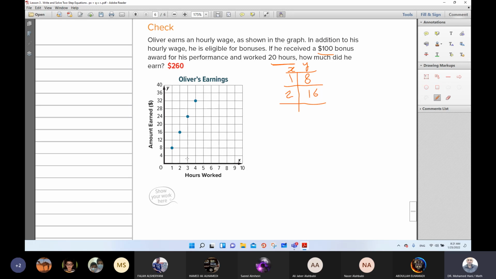The third point, if he worked 3 hours, he earned $24. And if he worked 4 hours, as you see, he earned 32.